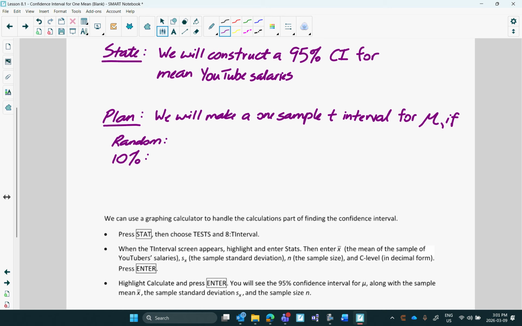And then, and this is where it gets a little easier for means, large sample. Either we're told the distribution is normal, or the sample size has to be greater than or equal to 30.